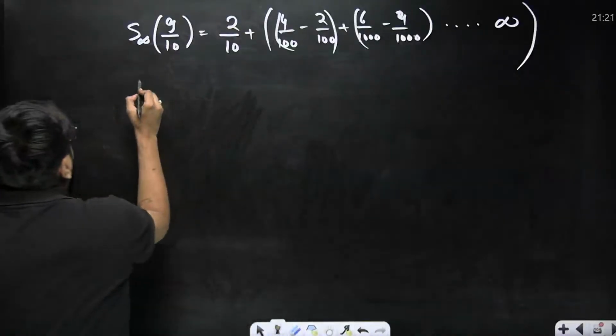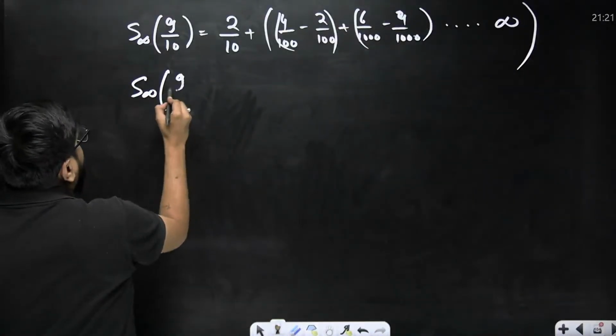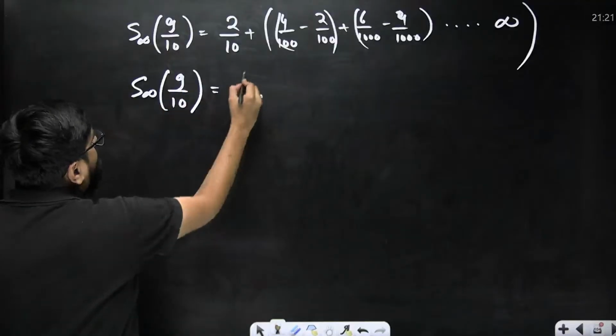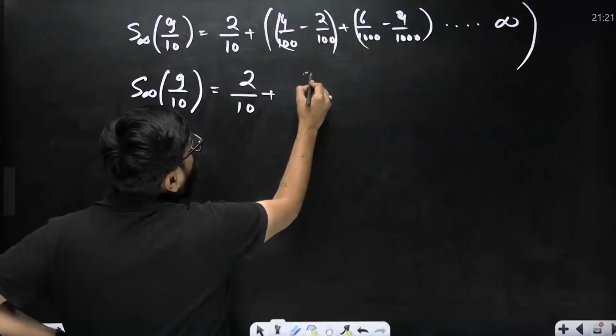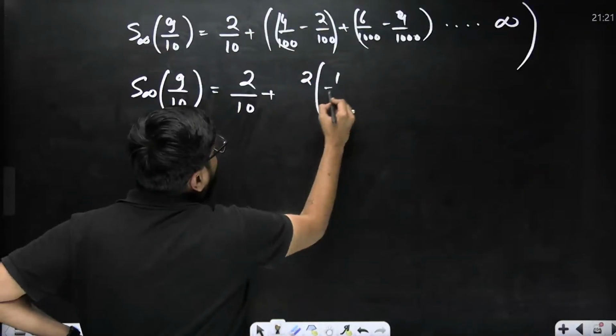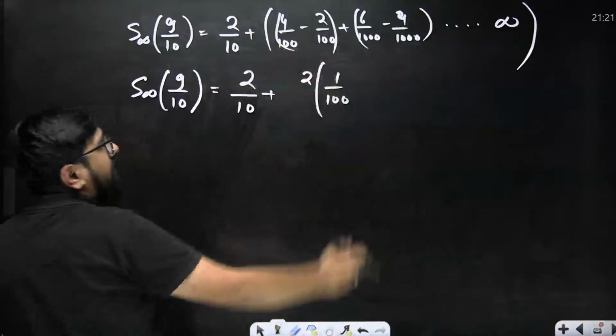Now S infinity into 9 by 10 is equal to what? 2 by 10 plus, from here everywhere 2 will come out common. What will remain? 4 by 100 minus 2 by 100 is 2 by 100.